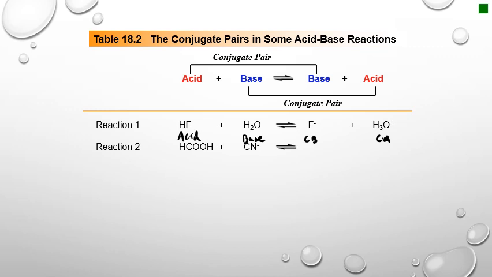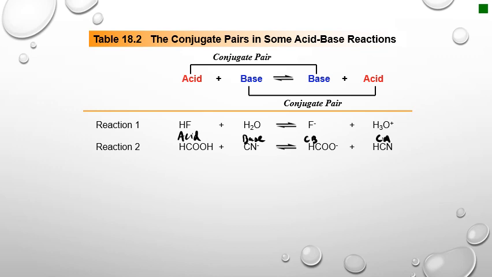For our second reaction, we have formic acid, HCOOH, plus CN minus. So this is going to be a little bit different variation, but you'll notice when we do this that we form HCOO minus plus HCN. This CN minus, the cyanide ion, is coming from some type of salt. So that again is where we can use a little bit more of a broad definition for our acids and bases.